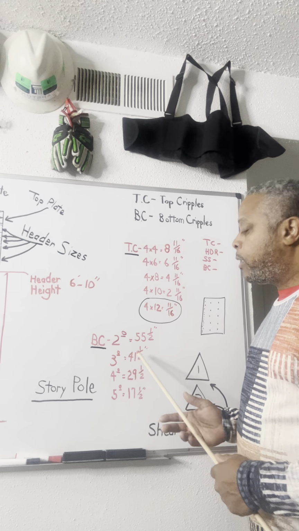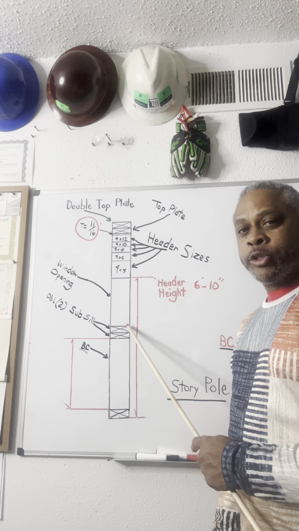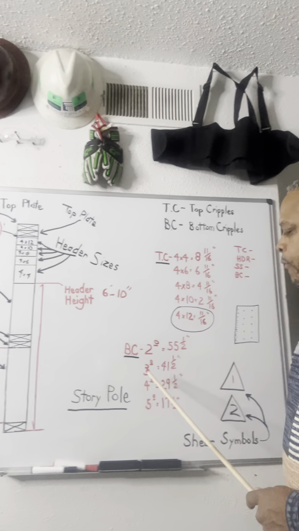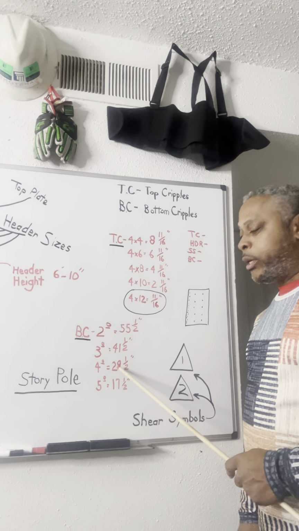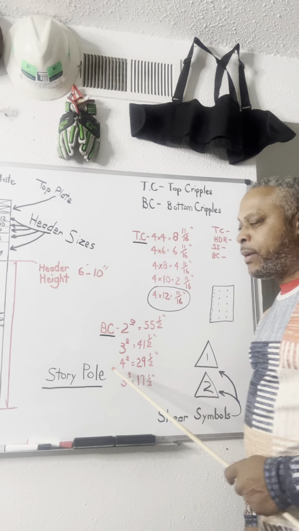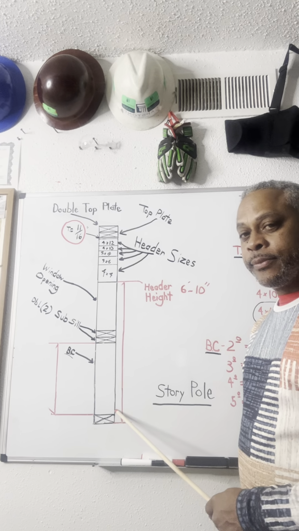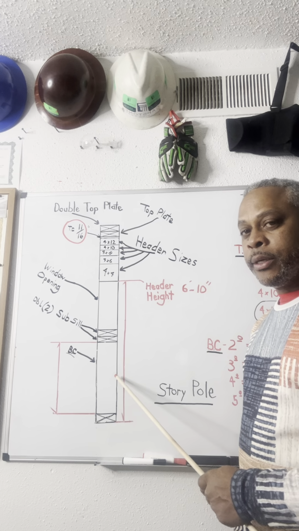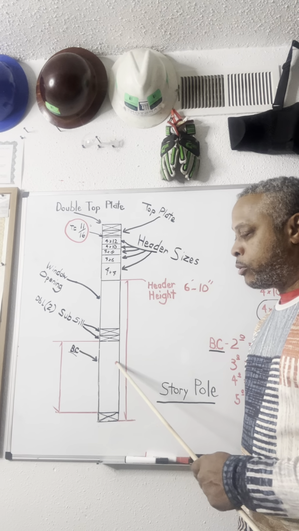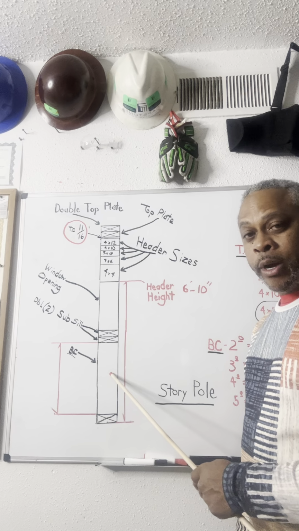Okay, so our 4-foot window in height, from the bottom of the header to the top of your subseals, that 4.0, that bottom cripple is going to be 29.5 inches, which means 29.5 inches here. Then you have your double subseals dropping down.